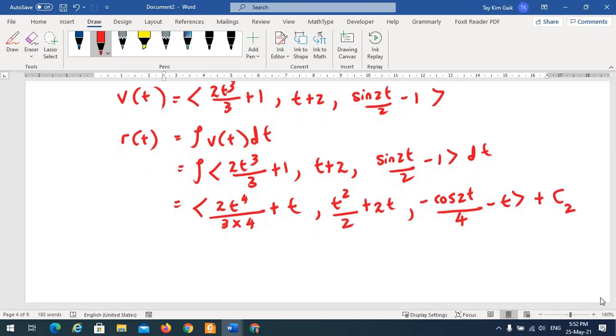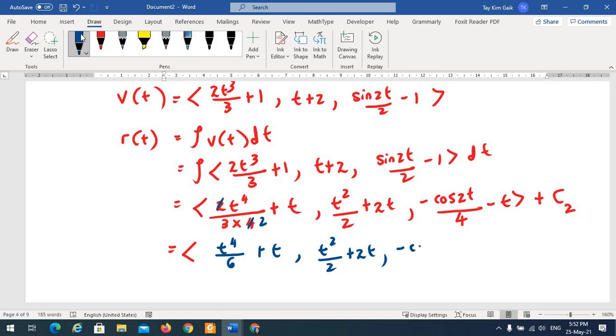Okay, so you can simplify this one. This is 2t to the power 4 over 6 plus t. And then here t squared over 2 plus 2t. Negative cos 2t over 4 minus t plus C2.